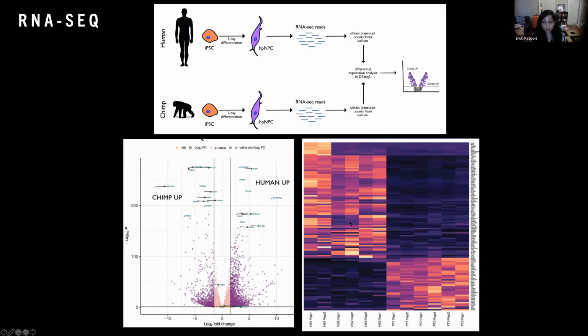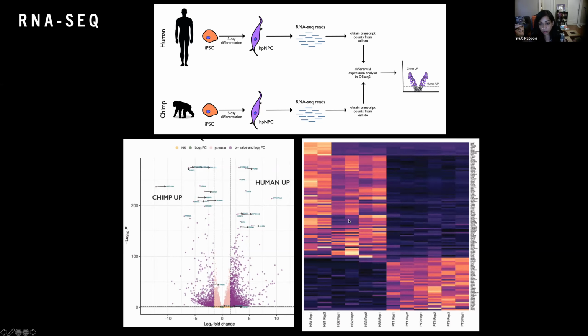And this is another way of showing that same information. Every single tiny rectangle represents a gene. This is not an exhaustive list of all of the genes, but every rectangle here represents a gene, and the color represents the intensity of expression.